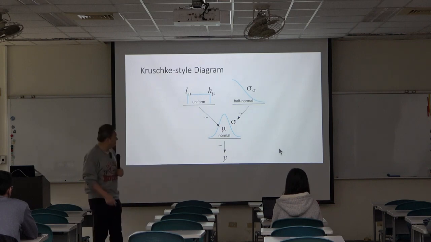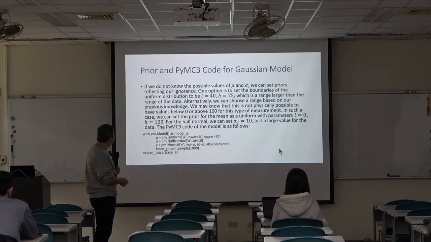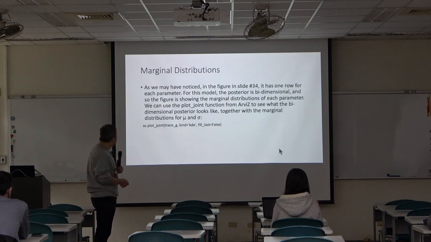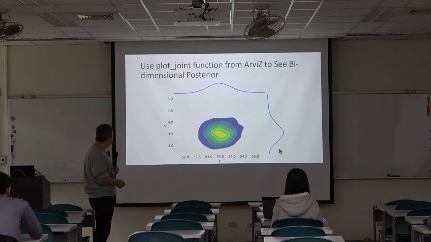And then we use PyMC3 to generate the result. Because it has two parameters, we have two of these. And the reality is that it's going to look three-dimensional, so we are able to see the joint distribution, something like this, the top-down view.